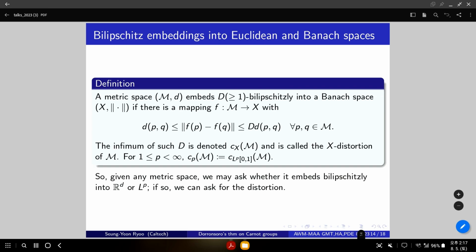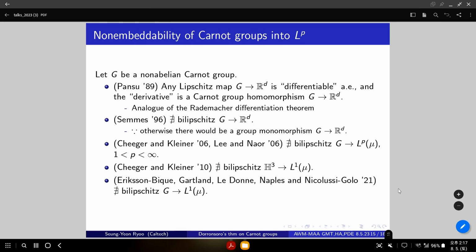So the natural question to ask is, if we're given any metric space, does it embed into RD? Does it embed into LP? And if so, what is the best possible distortion? To this, there is a well-established theory that you cannot embed Carnot groups bilipschitzly into LP.